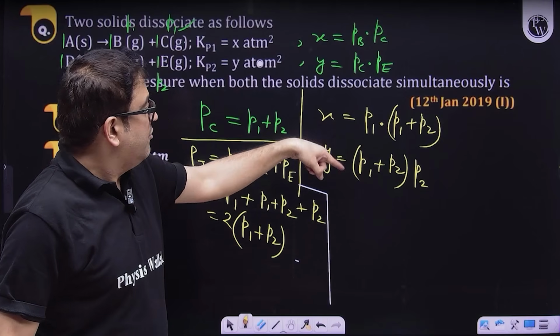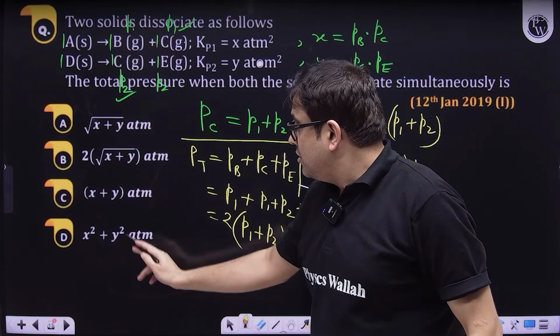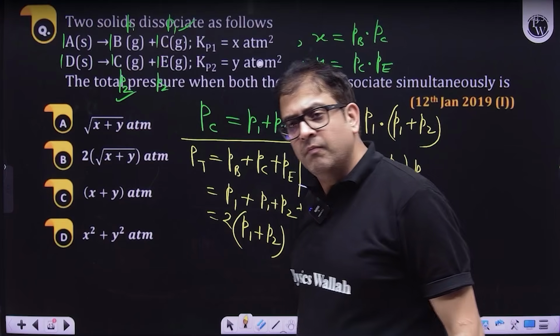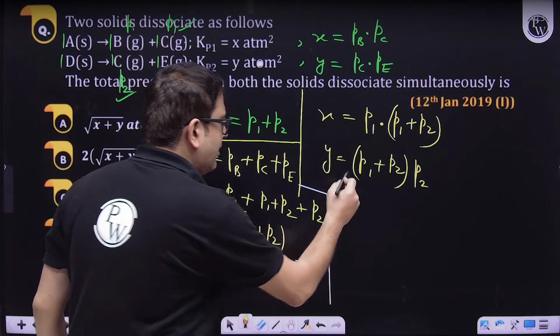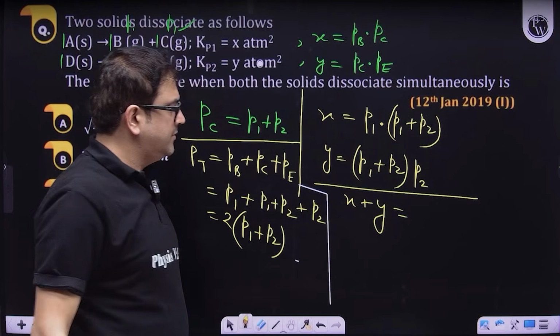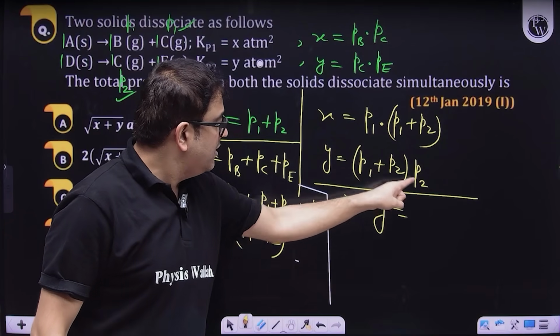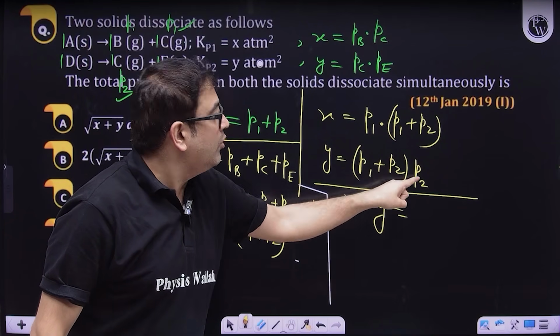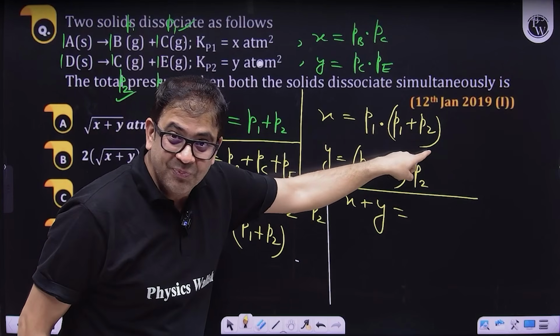Sir, we know, okay, look at the option. Sir, every option has X plus Y. I have two equations. Add them. Sir, LHS, we'll get X plus Y. Adding them. In the upper reaction, P1 square plus P1 P2.